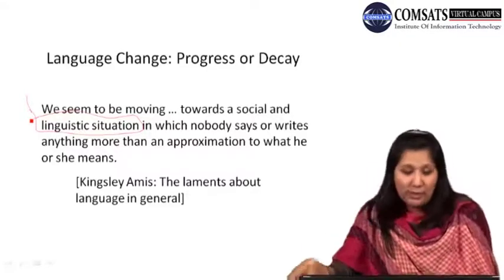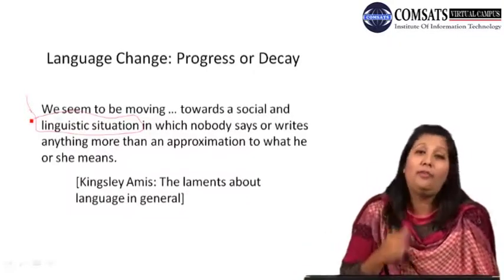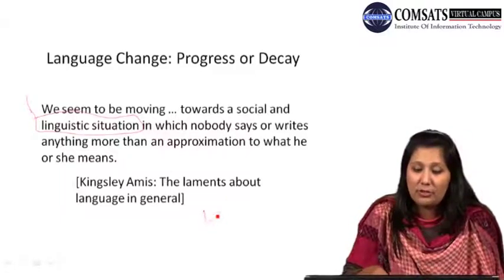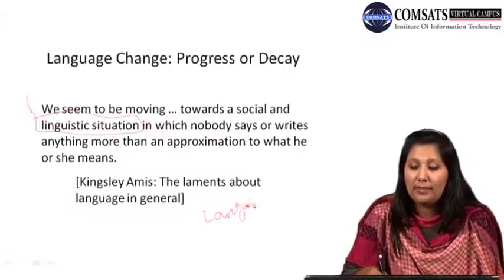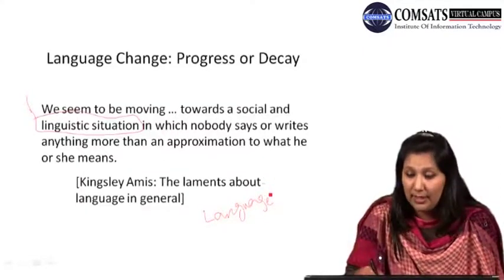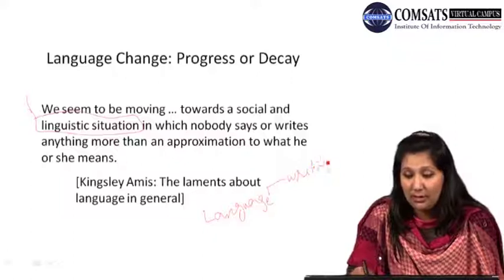I just forgot to tell you one thing, that while we talk about language, actually we are talking about language from four perspectives. We are talking not only about writing of language, but also about speaking of language.